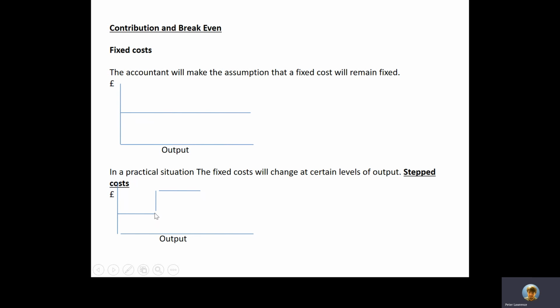At a certain level of output, your warehouse will get full and you will need another one. So you will see a step up in your fixed costs. For the majority of AQA questions, fixed costs do remain the same for a year or longer.